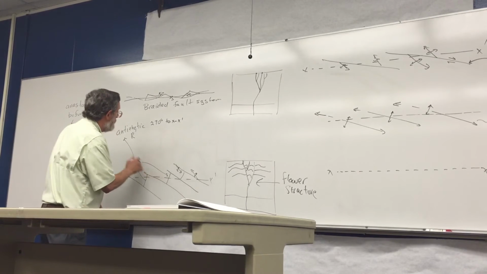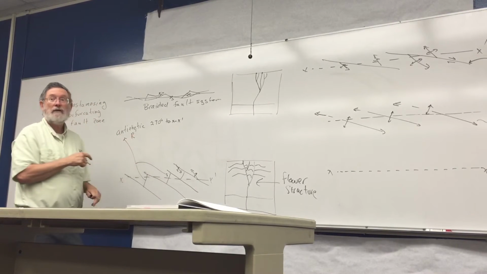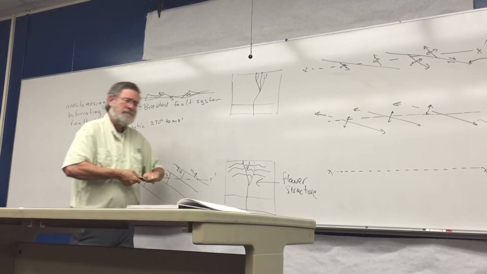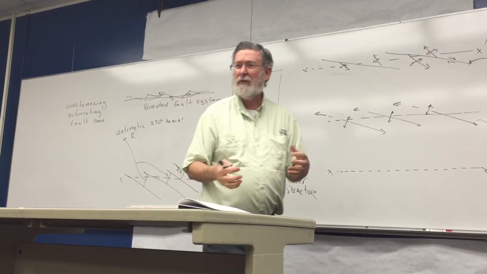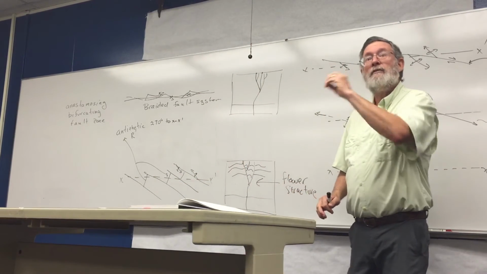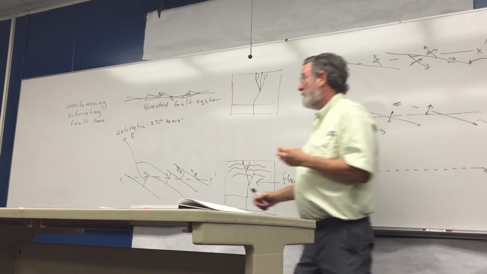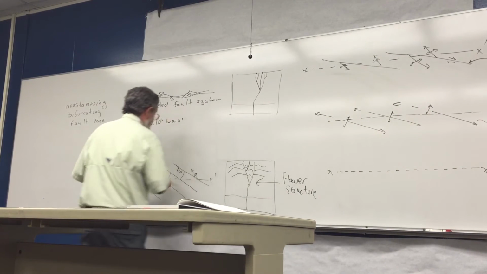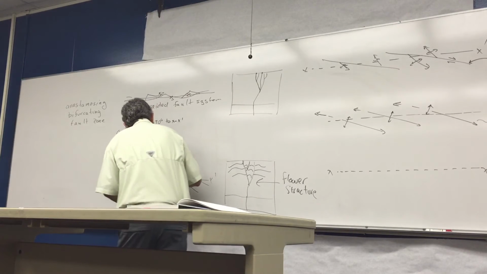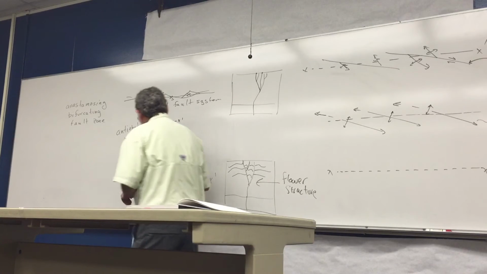So these are going to be left lateral in this sense. You can think of those as being small-scale transfer faults. It's just easiest to think of them as antithetic with the opposite sense of displacement. So since these would be right lateral in displacement, these are going to be left lateral in displacement.